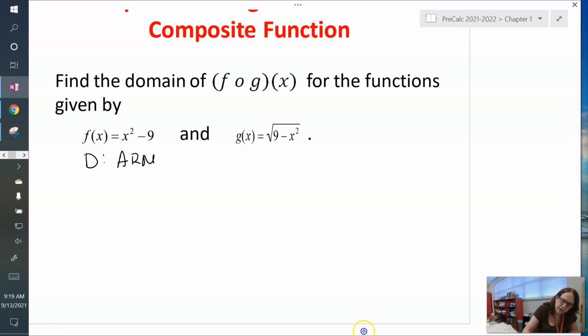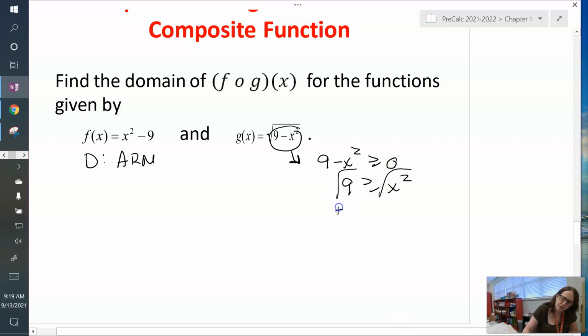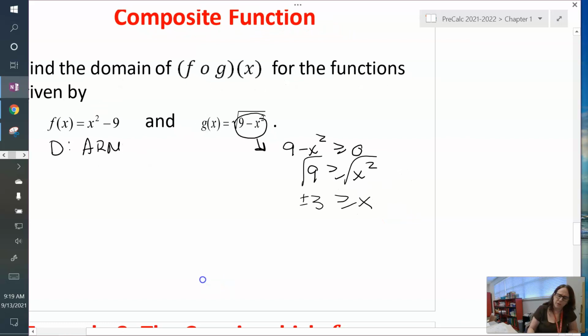And then for g of x, your domain is going to be this. 9 minus x squared has to be greater than or equal to 0. So 9 greater than or equal to x squared. Take the square root. You get plus or minus 3 is greater than or equal to x.